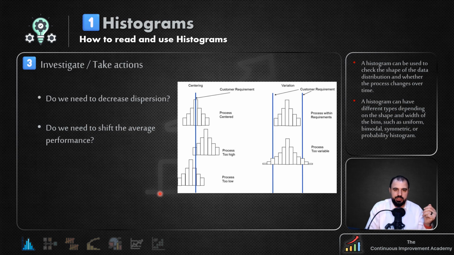So basically, as we said in the beginning, we can judge our performance by two parameters. The first is the average versus target, and also our dispersion versus the acceptable specification limits, okay.